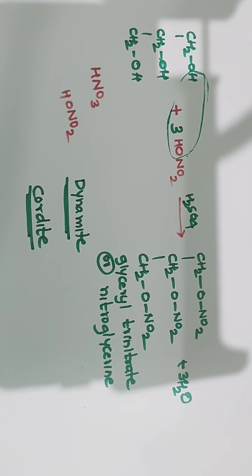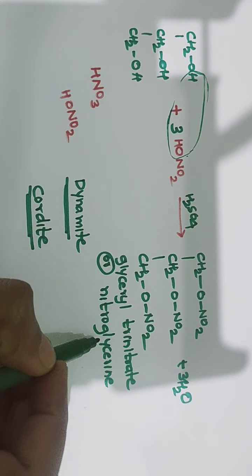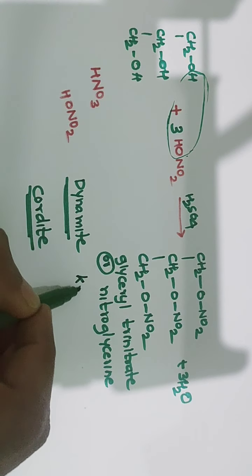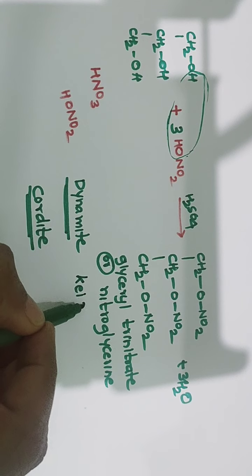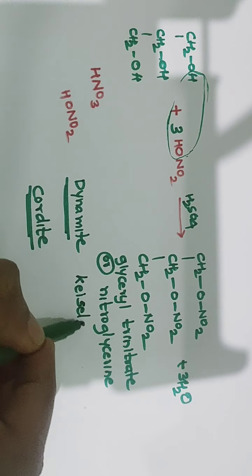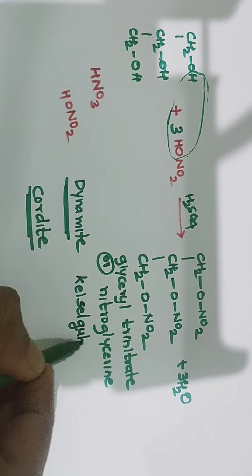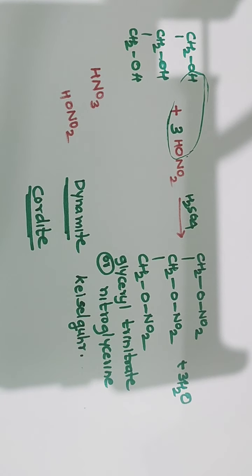Dynamite is made by absorbing liquid nitroglycerin in Kieselguhr. This was the composition of the dynamite that was made by Alfred Nobel.